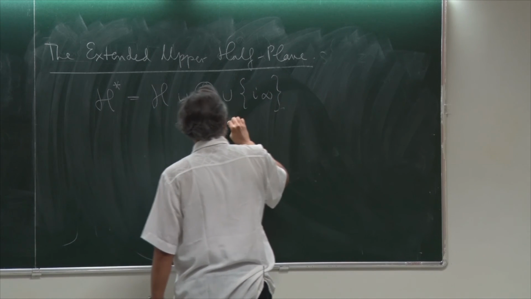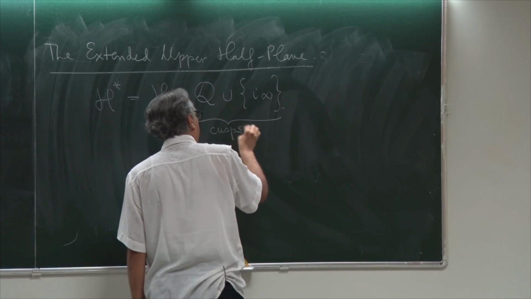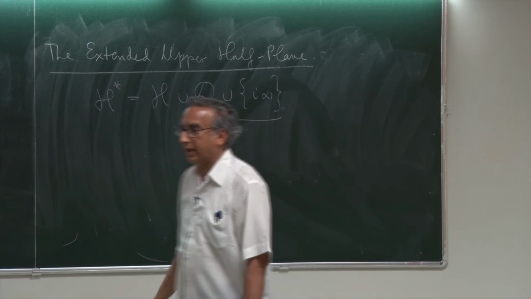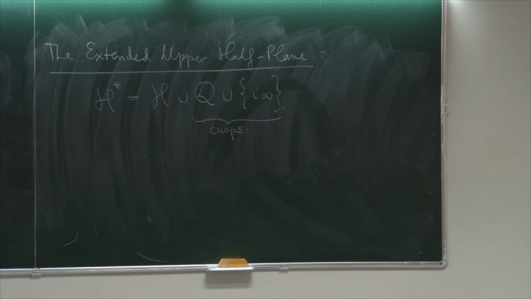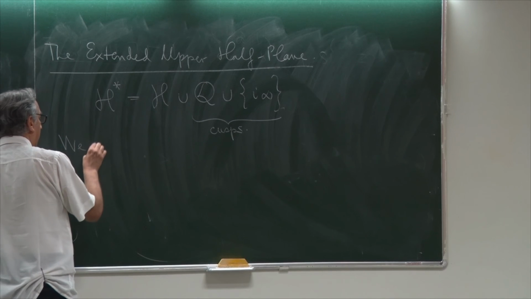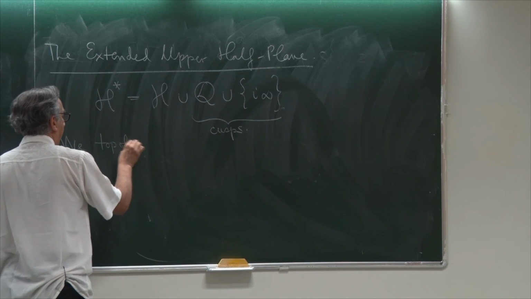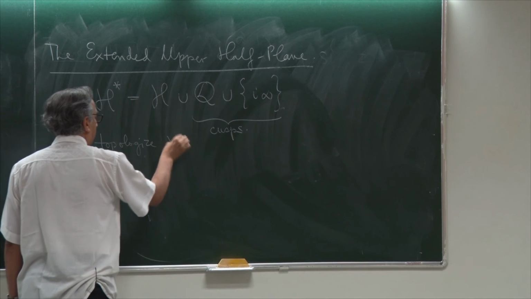And these additional points are called cusps. So we take the upper half plane and we tack on these cusps, and now we get a larger set. We topologize H star. We make this into a topological space.